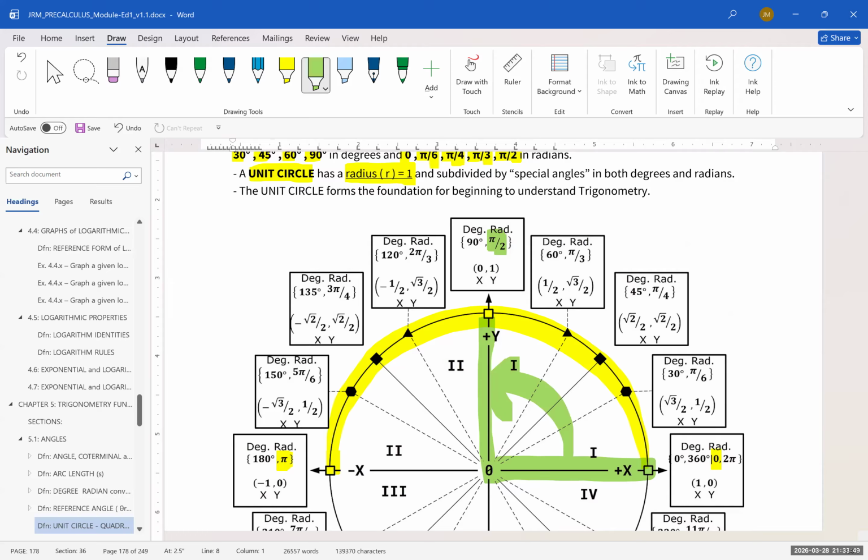How many of those angles of interest does it take to get you all the way to pi? It takes 1, 2 of them. That's why you have a denominator of 2. It takes 2 pi over 2s to get you to pi.